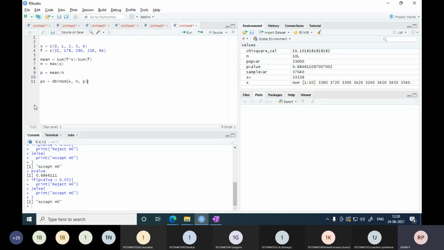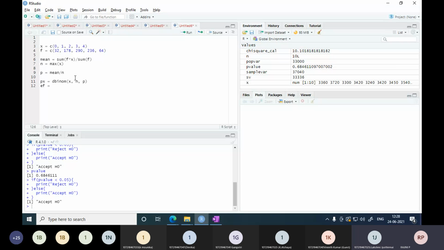Did you understand how to find the probability? Yes, ma'am. Probability of x is equal to dbinom x comma n comma p. There are two parameters in the binomial, so write the two. Okay. And after getting the probabilities, you will find the expected frequency, right? Yes, ma'am. So what is the expected frequency formula?